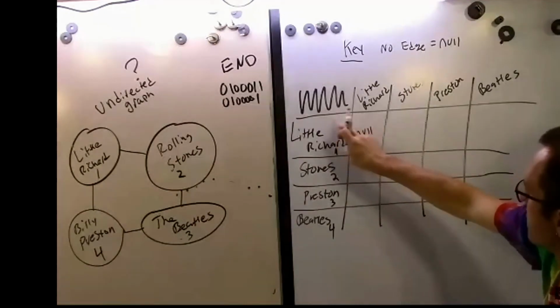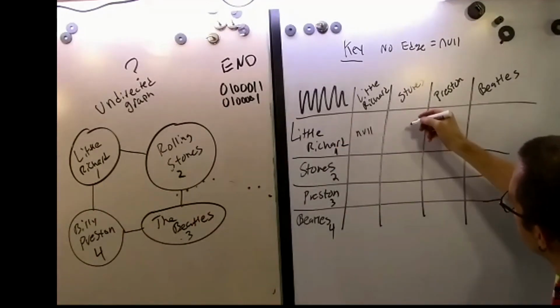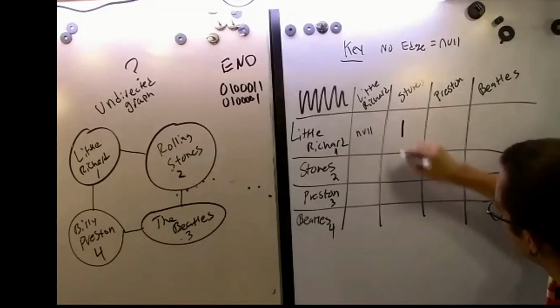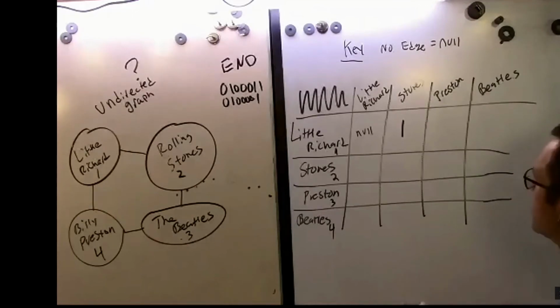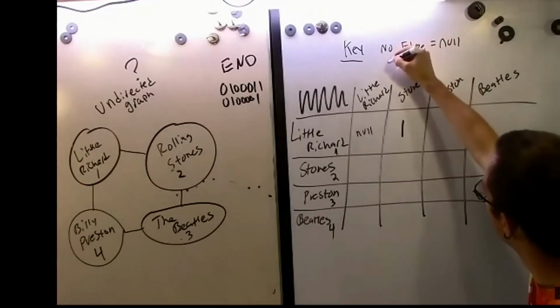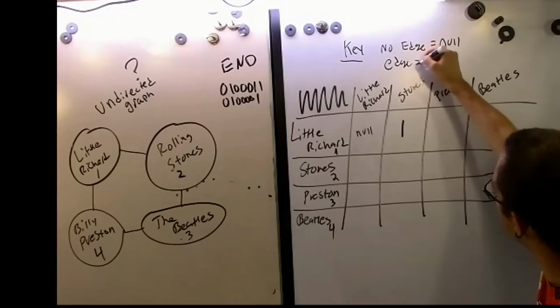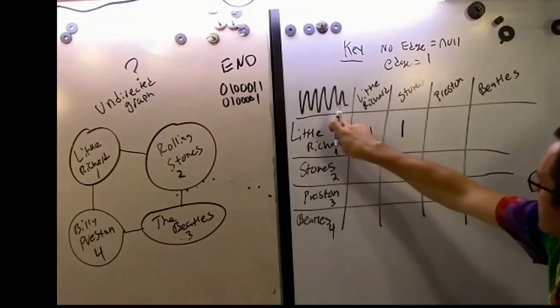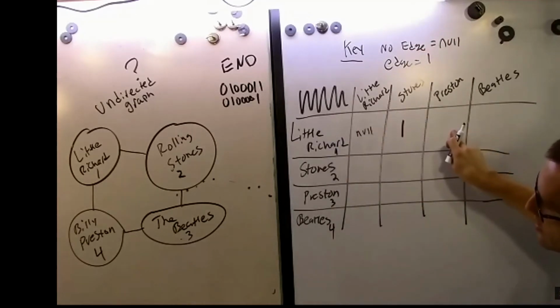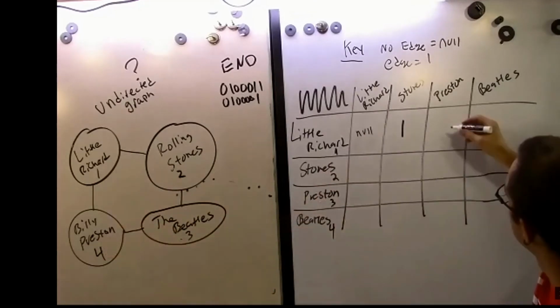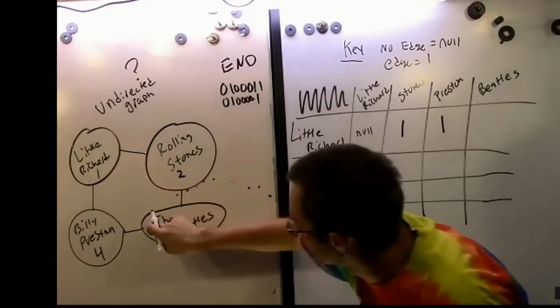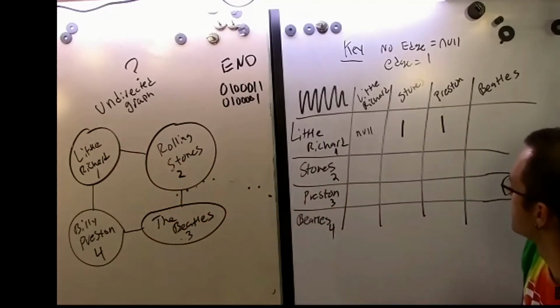Is Little Richard connected to the Stones? Yes. So in our case, because we're not encoding anything fancy, we're just going to say on or off, yes or no, edge or no edge. So edge equals 1. Is Little Richard associated with Billy Preston? Yes. Is Little Richard associated, according to Wikipedia, with the Beatles? No.